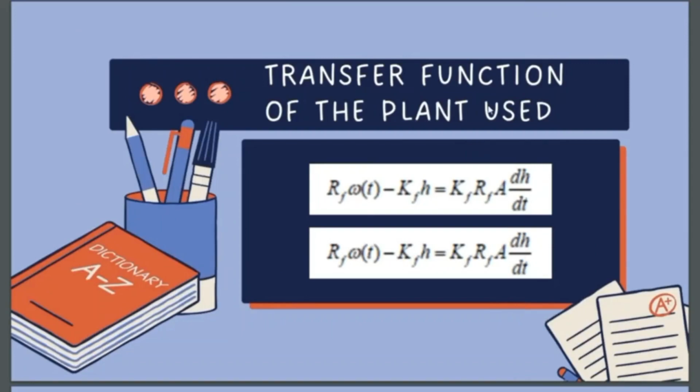Next, the transfer function of the plant used. The combined response of the forward path and the feedback loop is the overall system response. Let g represent the relationship between H and W as the system impulse response.